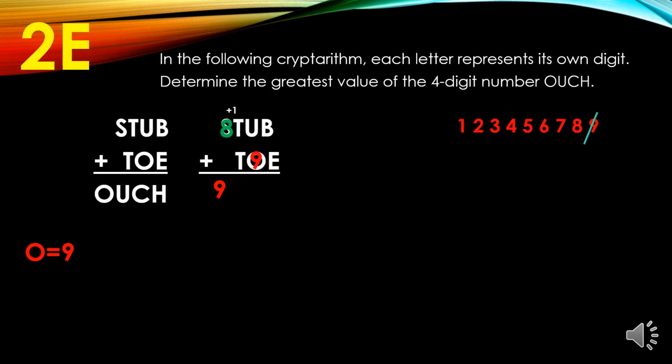Now we will try 7. If 7 plus 9 will give us 16, so it means RC will represent 6.